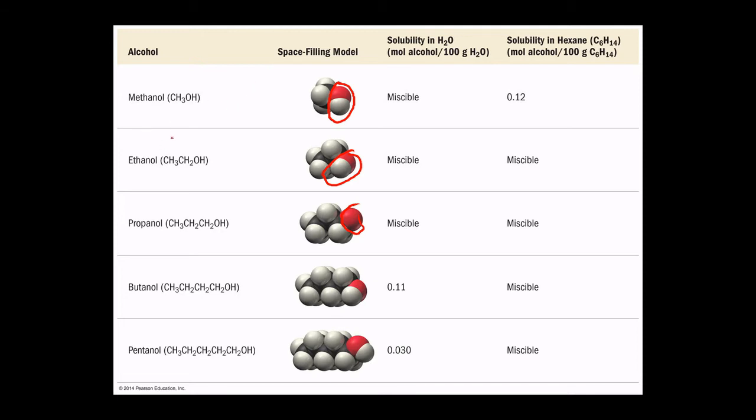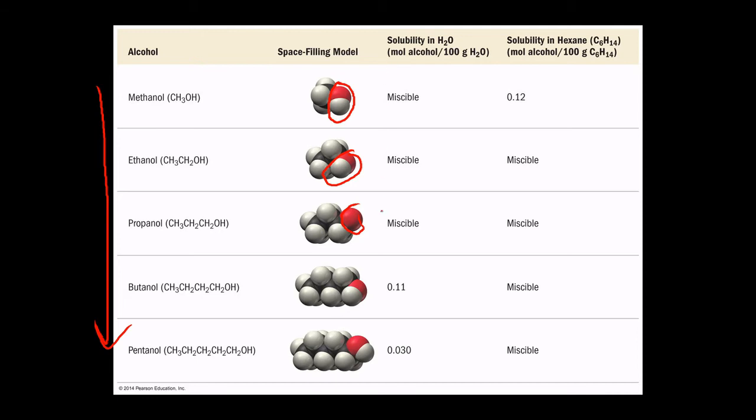But as we go down the table here, we are increasing the amount of the nonpolar nature. As you can see here, we're adding on a CH3 every time, essentially, or really we're adding in a CH2, actually. So we're adding in a CH2 with each molecule, and carbon-hydrogen bonds are not polar, so we're increasing the nonpolar nature of the molecule.